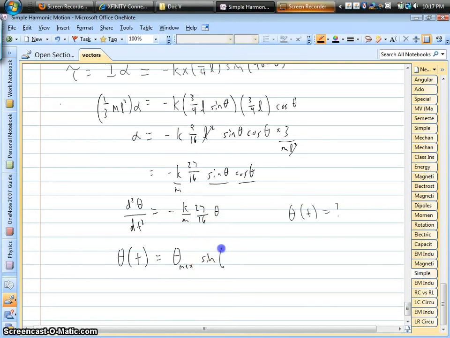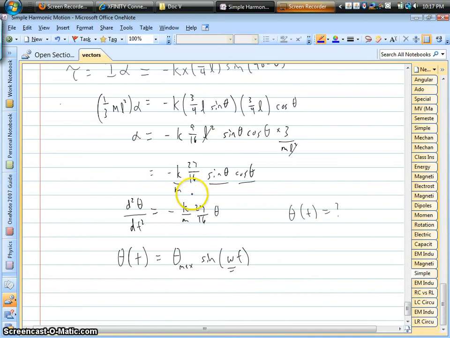Let's just go ahead and use sine of omega t. We need a constant there. We need this omega to ensure that you get rid of the seconds. You can't have any units inside that argument there.